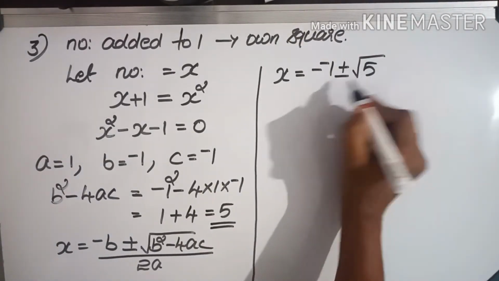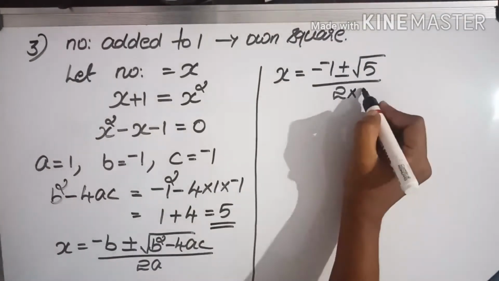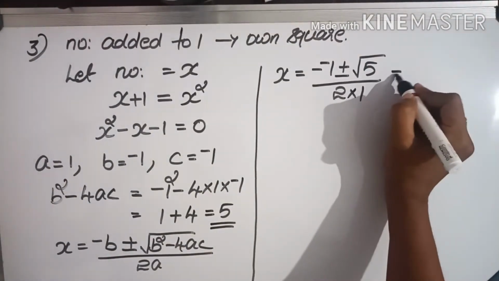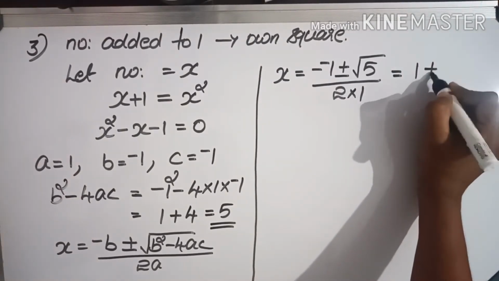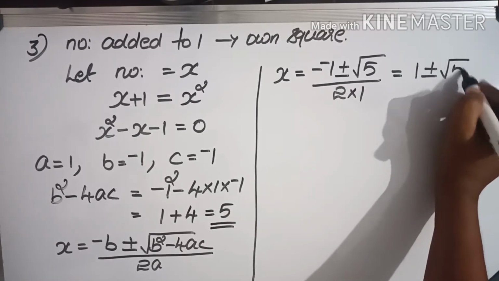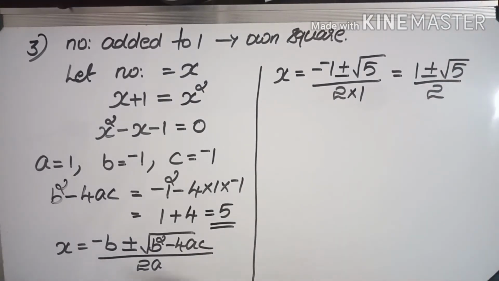So put 5, divided by 2 into a, a is 1. Now in the next step, negative into negative, positive. So 1 plus or minus root 5 by 2. Okay, now root 5 is not possible to simplify, no value for root 5, so let's write root 5 as root 5 itself.